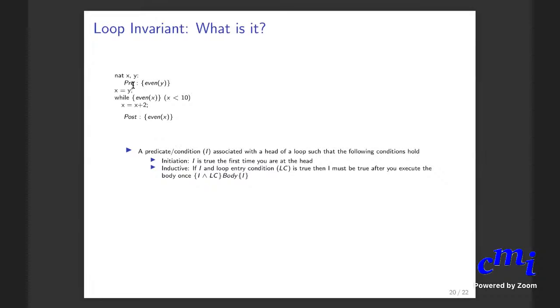The first part is that you have to prove that the predicate you're proposing is indeed a loop invariant. For that, you have to prove the part of the program from the beginning till you enter the head of the loop. That part is like a pre and post, using the code that occurs before the loop. Let's assume that does not have loops.